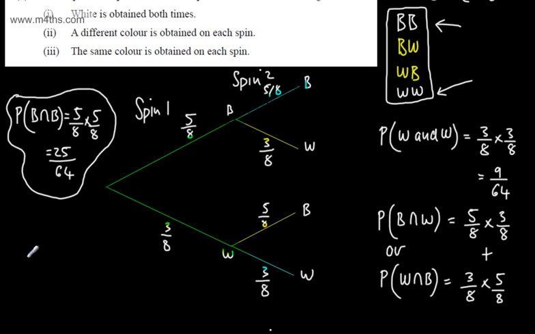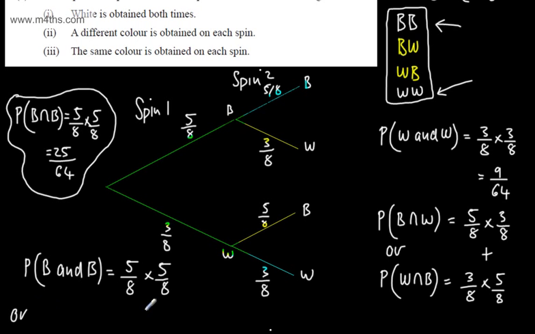What this is saying now is the probability of black and black, which is going to give us 5 over 8 multiplied by 5 over 8. Then, or, so we can write or.